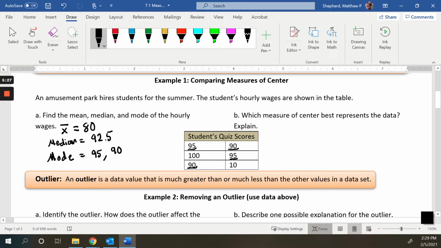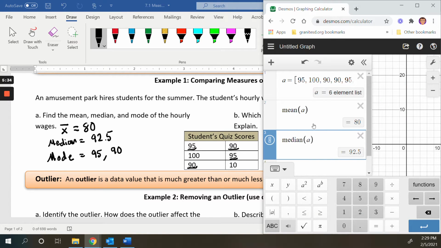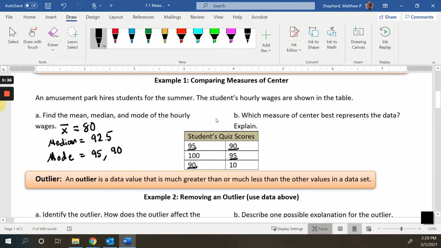All right, so next we want to talk about which measure of center best represents the data. Okay, now this is where we're really starting to talk about something new. Calculating mean, median, and mode, you've probably done that in the past. When we're talking about what is going to be the best, I want you to think about grades and how grades will many times work.